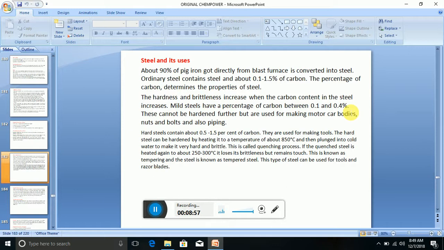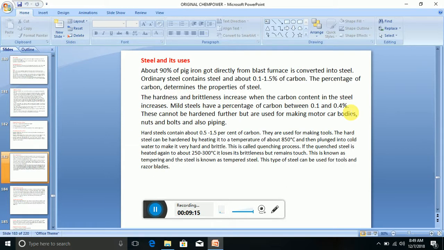The hard steel can be hardened by heating it to a temperature of 850 degrees centigrade and then plunged into cold water to make it very hard and brittle. This is called quenching process.